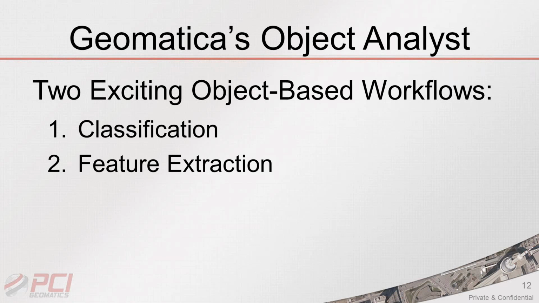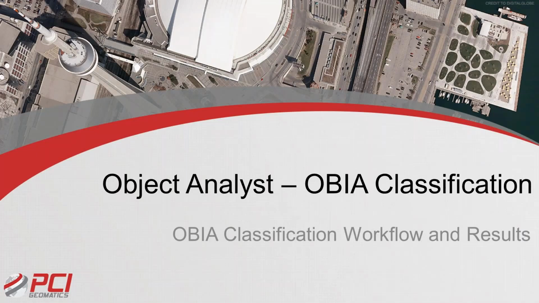So I'm going to show how Object Analyst and our wizard can be used to effectively perform both of these different workflows. So we'll start off with classification, or as Dave kindly mentioned, GeoOBIA, or Object-Based Image Analysis.